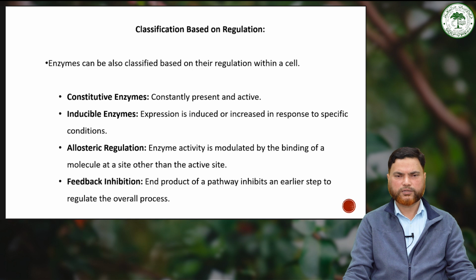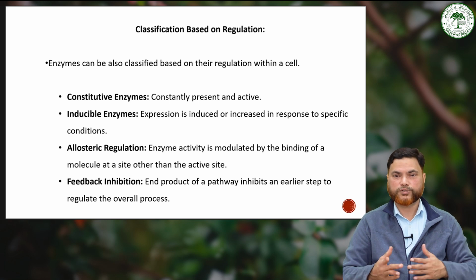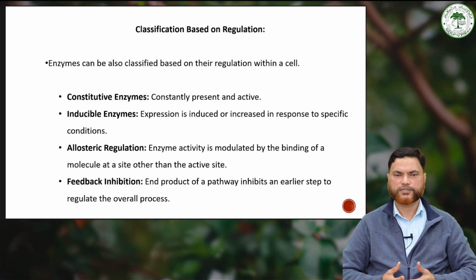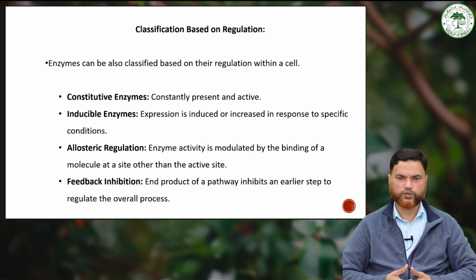Allosteric regulation refers to the alteration of an enzyme's activity through the binding of effector molecules at a site other than the active site of the enzyme. So, effector molecules can be allosteric activators, which increase the enzyme activity, or allosteric inhibitors, which decrease the enzyme activity.